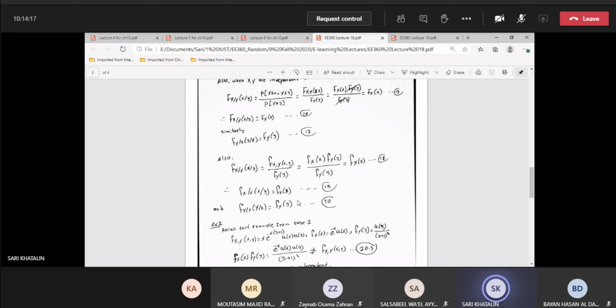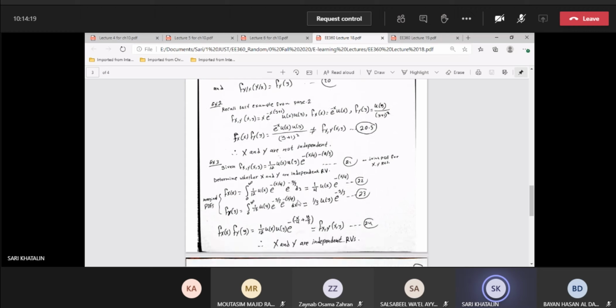Okay, so let's take an example here. From the example we just learned a minute ago, we have the joint PDF, and we have the marginal PDF of x and the marginal PDF of y.